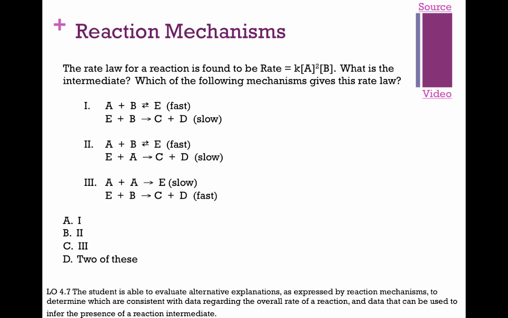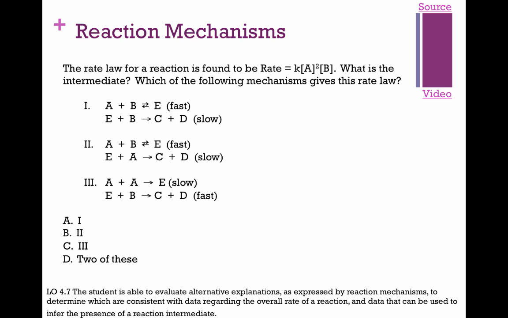And we get rate equals K, just your rate constant. E is actually A times B, and then don't forget to multiply by B again. So if we do B times B, what is that? B squared. So my rate law for mechanism 1 is K times A times B squared.